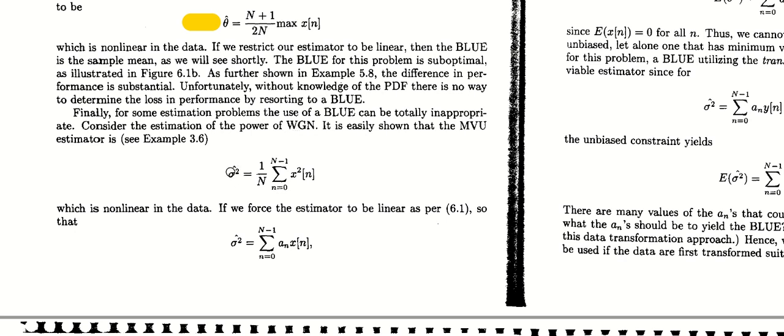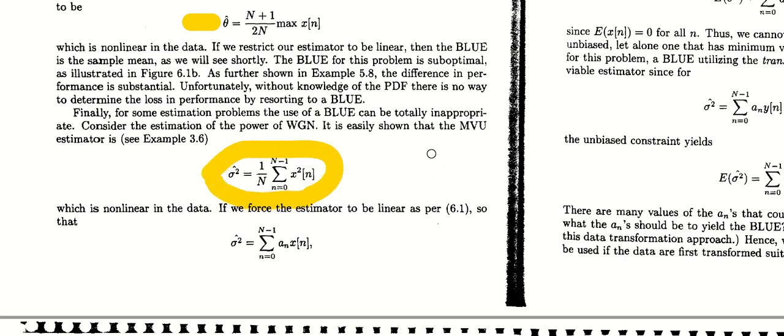Then for another example, that is the power of WGN. We all know the solution is sigma squared equal to 1 over N summation x squared. This is also nonlinear in the data. So the point is, we have a good estimator.